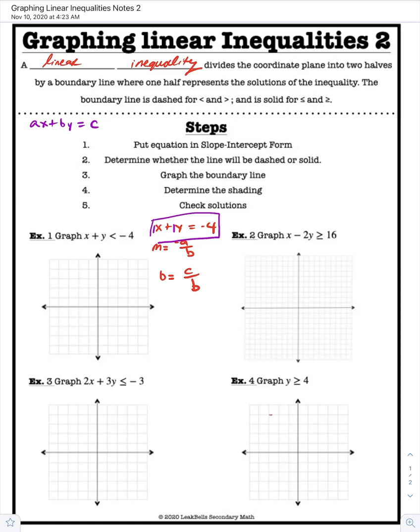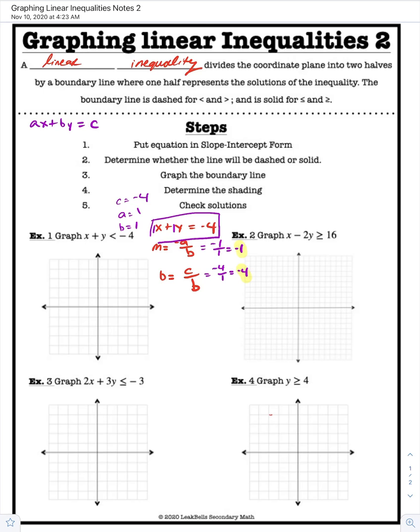So our a is 1, our b is 1, and our c is negative 4. So we're just going to plug that into these formulas. Negative 1 over 1, which is negative 1, and then c, negative 4 over 1, which is negative 4. So our slope appears to be negative 1, and our y-intercept, negative 4.